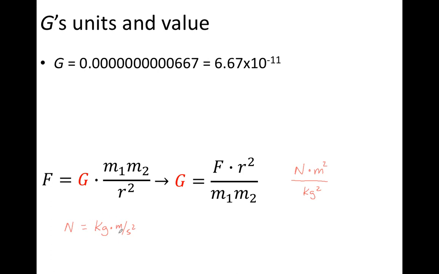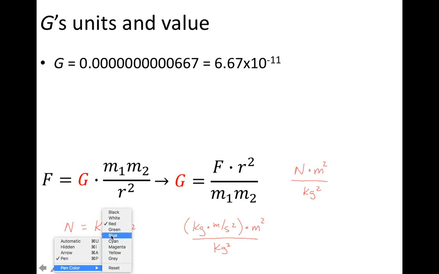So a Newton is really just a shortcut way to write this. If I write this expression where I see Newtons, kilogram meter per second squared, times meters squared, divided by kilograms squared, several of these units are going to cancel out. Kilograms will somewhat cancel out.